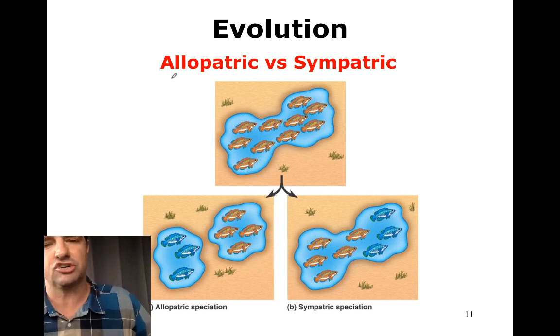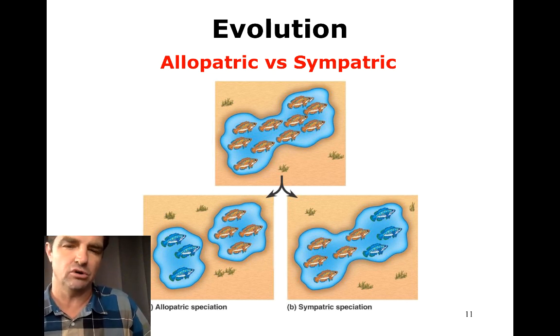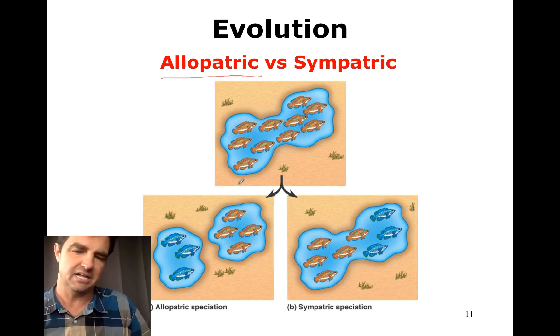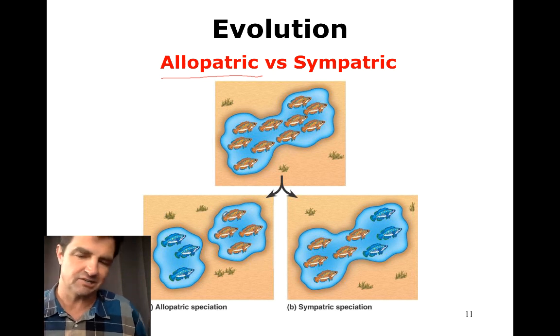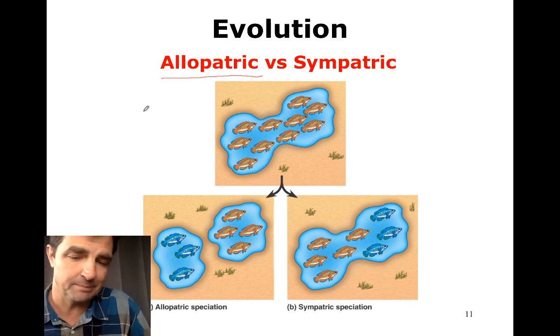So what we're talking about here is the same change occurring. Does the change occur in one spot or in different spots? In allopatric speciation, the idea is that you have a population of something, one species, and maybe it looks like this. In this case, it's fish, probably African cichlid fish in Africa.